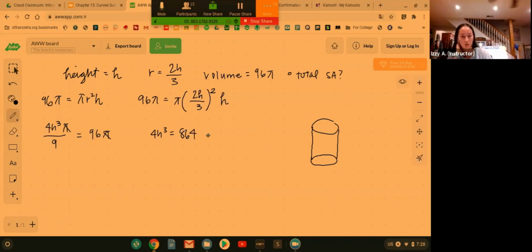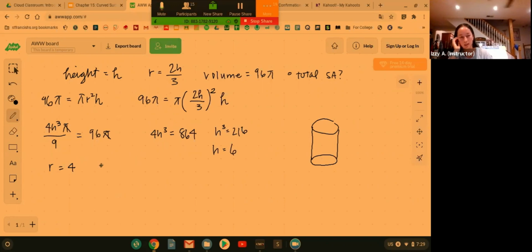Divide 864 by 4 to get h cubed is 216. If you solve for h, you would get 6. And that's the height. So we plug that back into the formula that we derived for the radius. So the radius is equal to 2 times 6, which is 12, divided by 3. That's going to be 4.